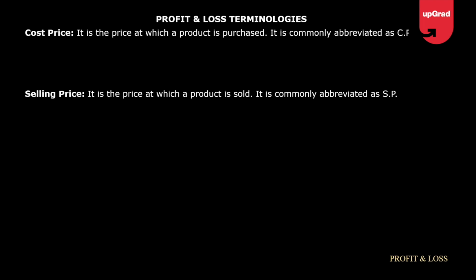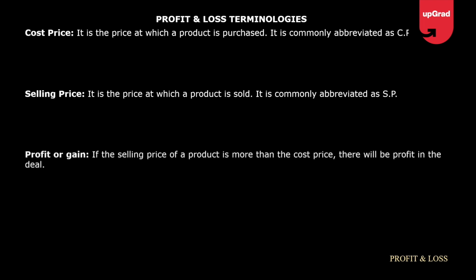But at the same time, the same 250 bucks acts as a selling price for the shopkeeper, which means the same value of transaction would act as a cost price to one person and as a selling price to the other person. So you have to be very clear on which side of the transaction you are. Depending upon that, it will be called a cost price or a selling price.